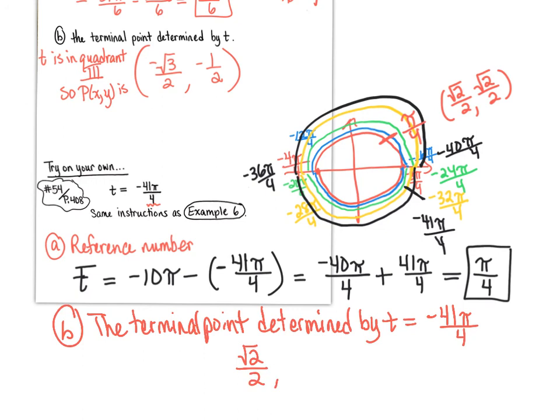You start to mumble when you start second guessing yourself. Negative. Square root of two divided by two. Good. This is your terminal point. You got it. Very good. What questions do you have? Okay, this concludes section 5.1 on the unit circle.